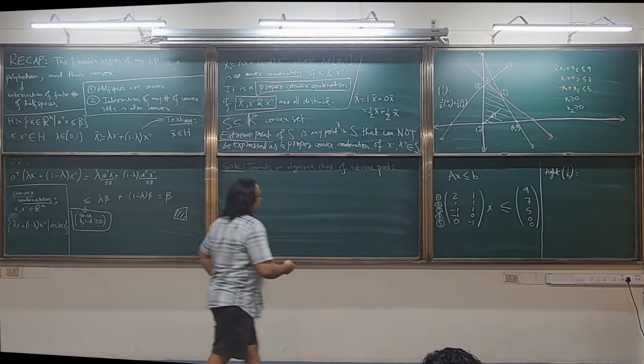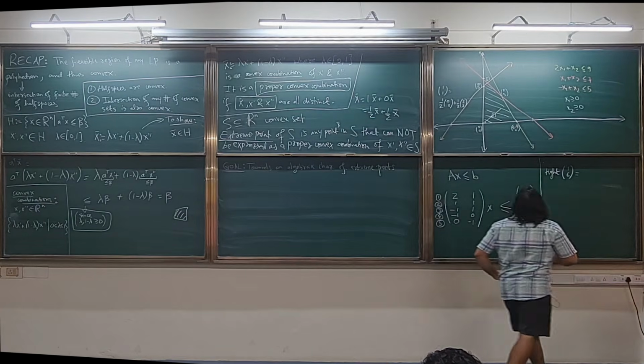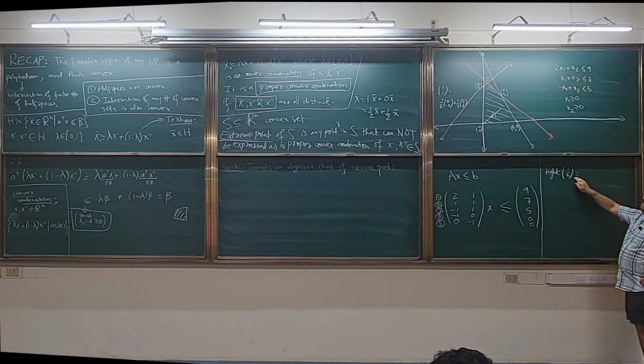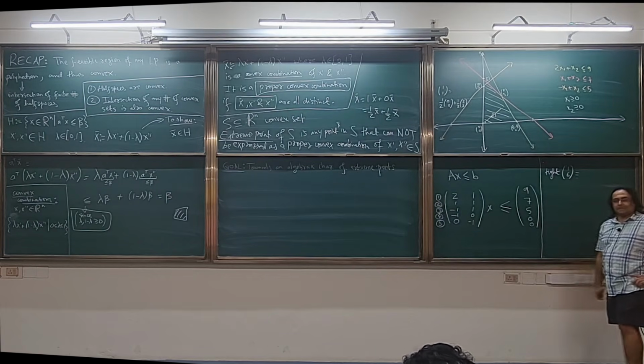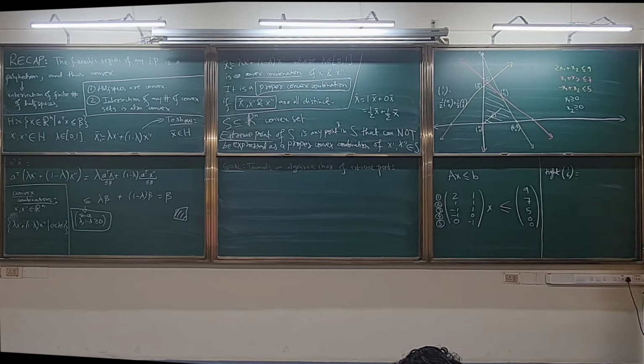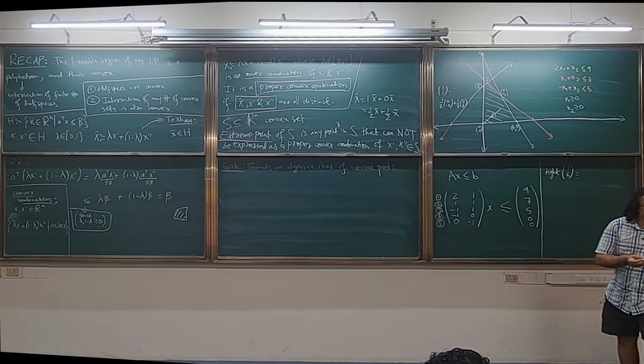So what are the tight constraints at 1, 6? Amongst the 5 constraints, 1, 2, 3, 4, 5. Which one? 2 and 3.